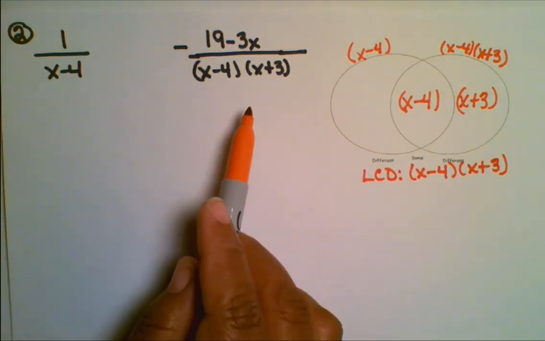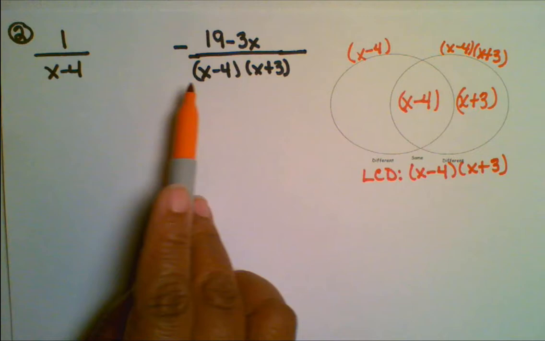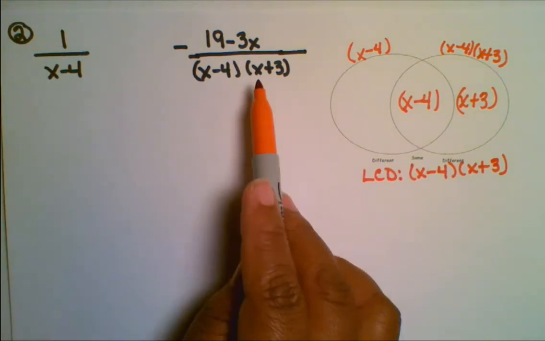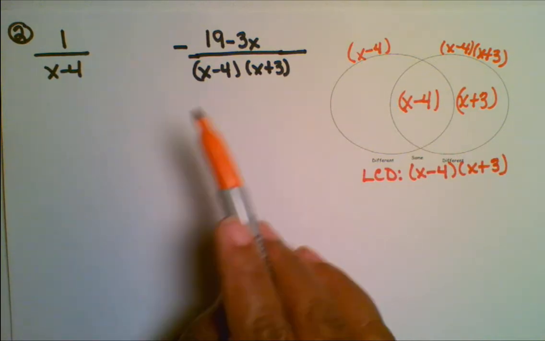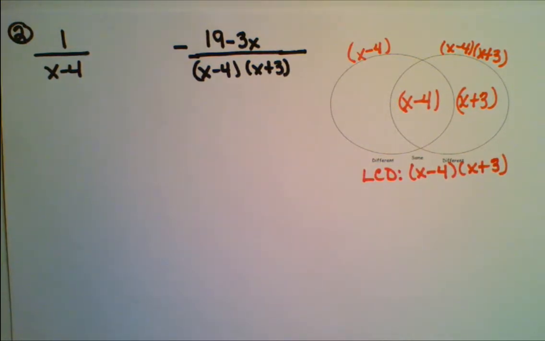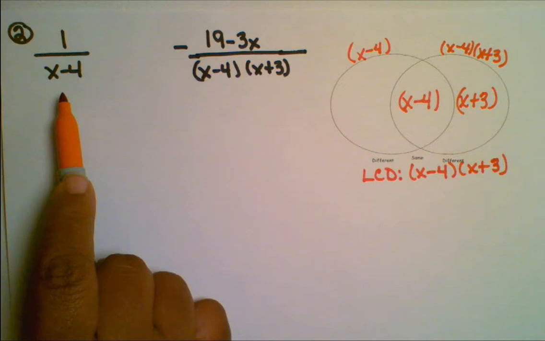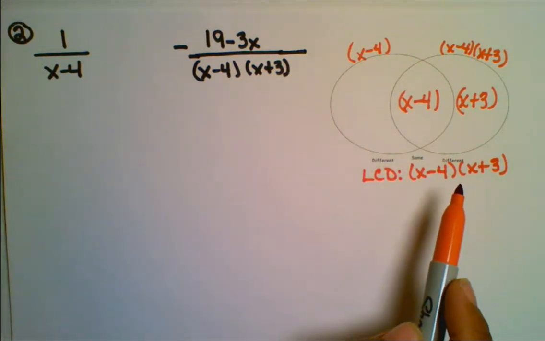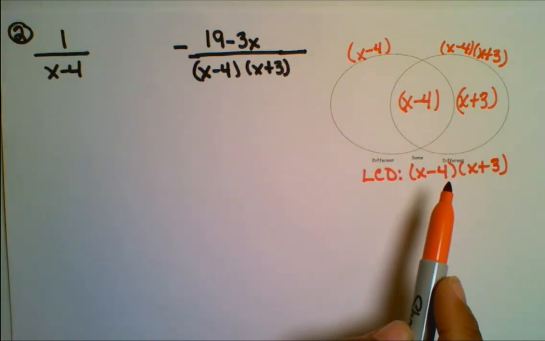So my question to you is, which fraction will we have to convert? Is it the first fraction, the second fraction, or both fractions? Well, we need to convert only the first fraction because the second fraction's denominator is the LCD, so there's no need for us to convert.